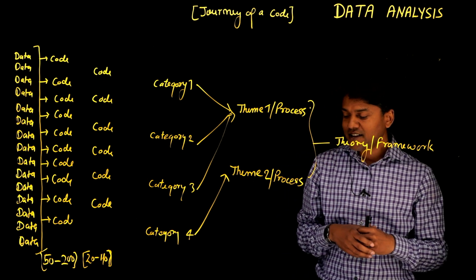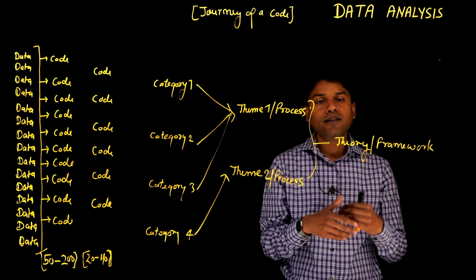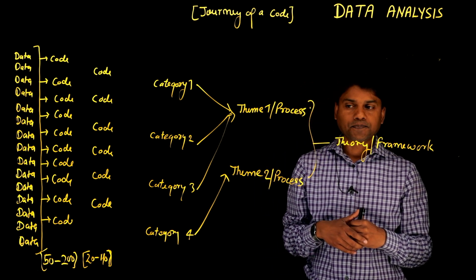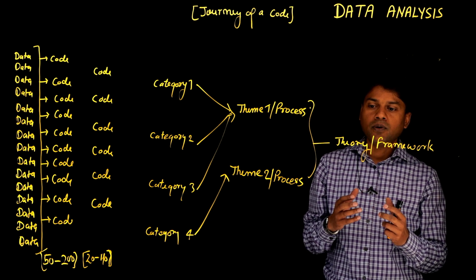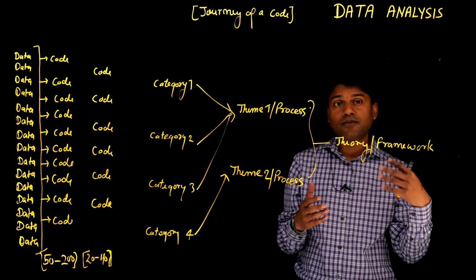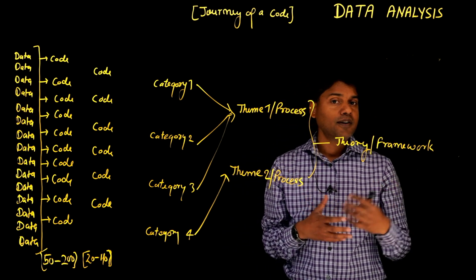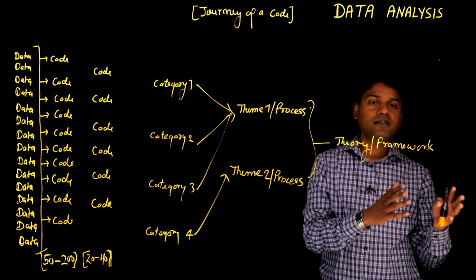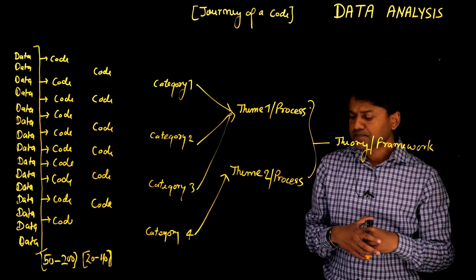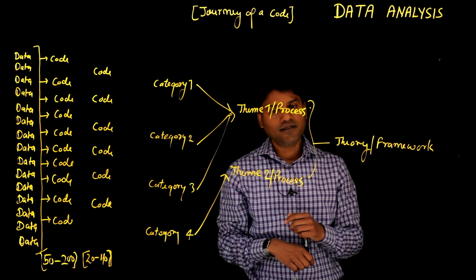And you learn as you do more and more coding, you get better at it. And as I said previously, how we code the data can be influenced by the interpretive framework we are using for our research and the coding strategy that we are adopting. And finally, we talked about the journey of a code in this video.